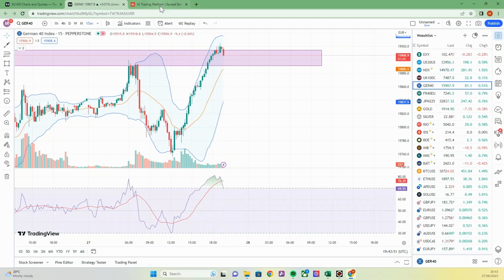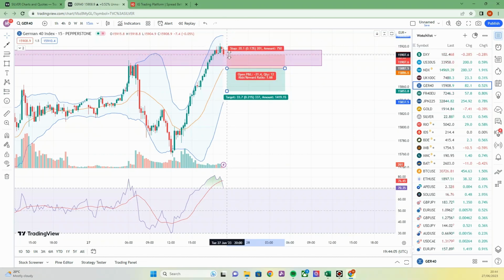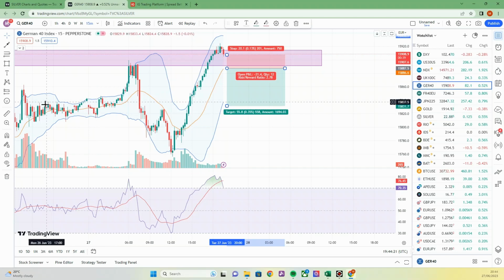I'm going to set a buy order for Germany. So if it goes through here, I'm going to set a stop loss there. No, I'm going to have it there, so it's in line with this lot.